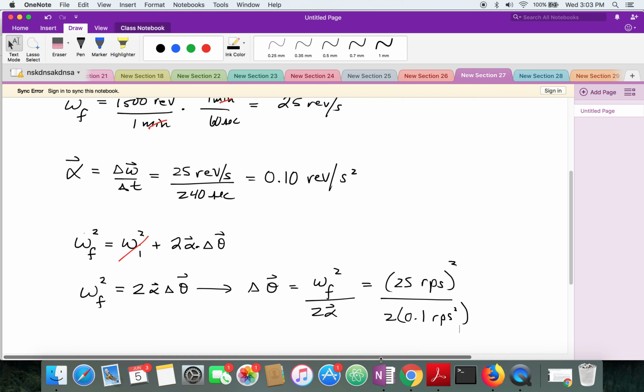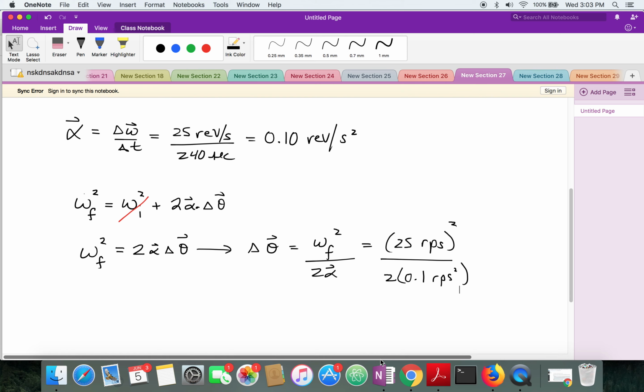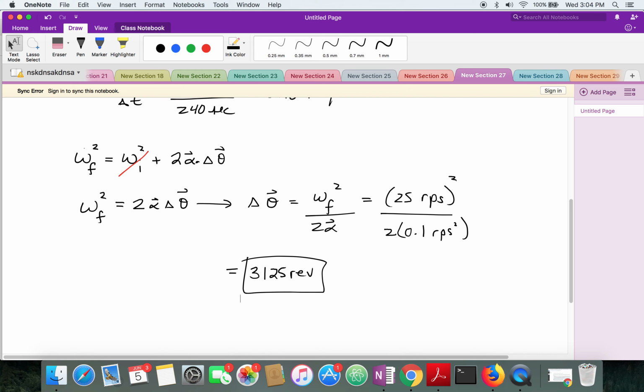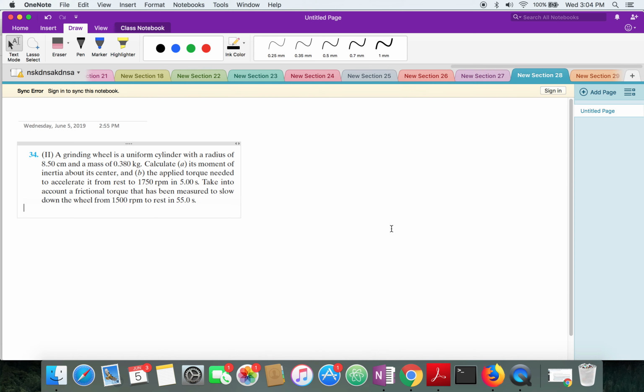So we plug these in: it's 25 squared divided by 0.2. So 3,125 revolutions. That's the answer to that one. If you wanted to go into radians, you would just multiply by 2 pi. So that's that one. Pretty straightforward.